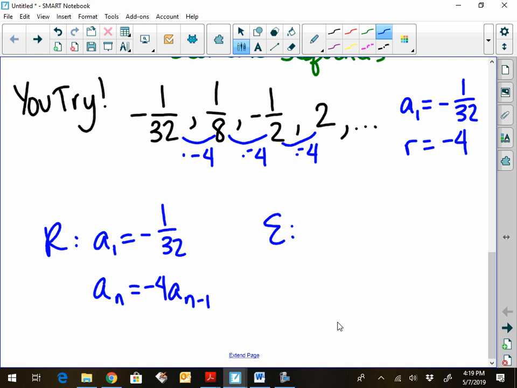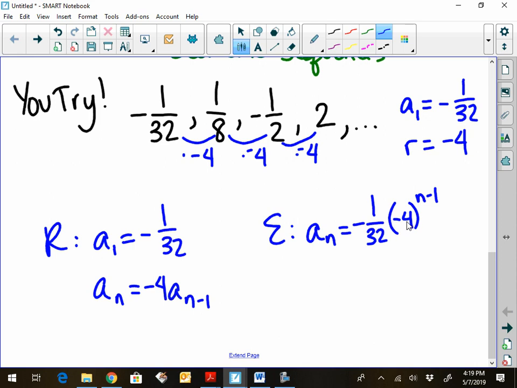Our explicit, we would say a sub n equals negative 1 over 32 times negative 4 to the n minus 1. Now we would keep both of these negatives here because this negative with the 4 has to have the exponent with it first, and then we multiply it by the negative 1 over 32. So you wouldn't simplify this, you would leave it as it is.